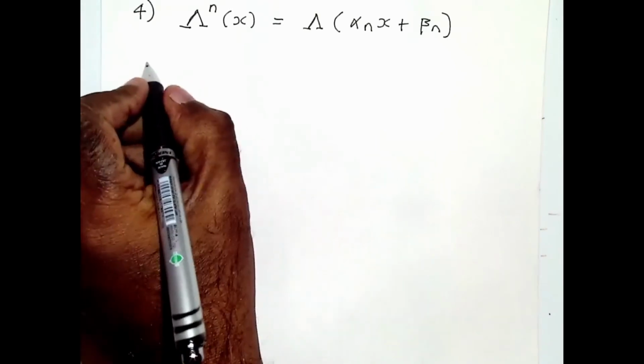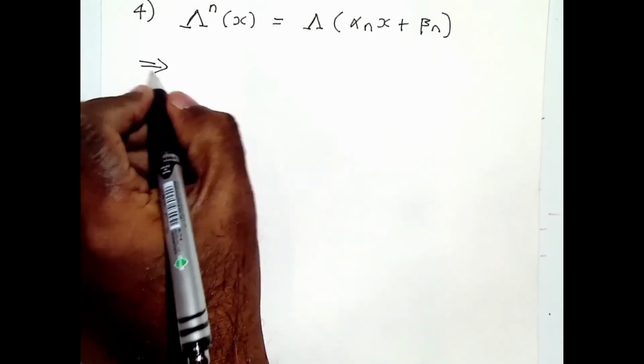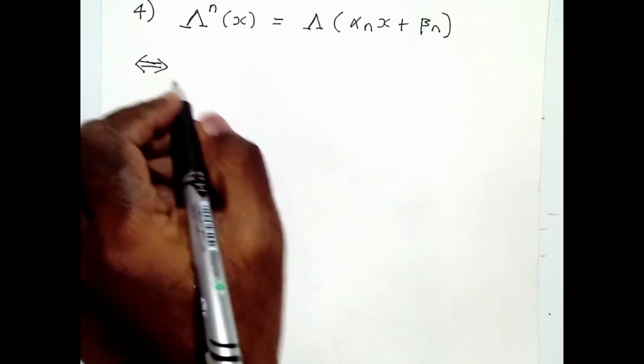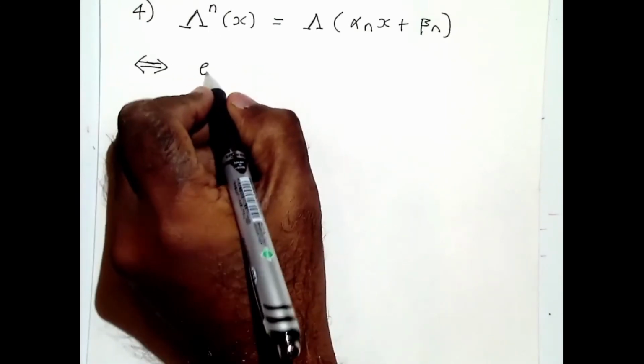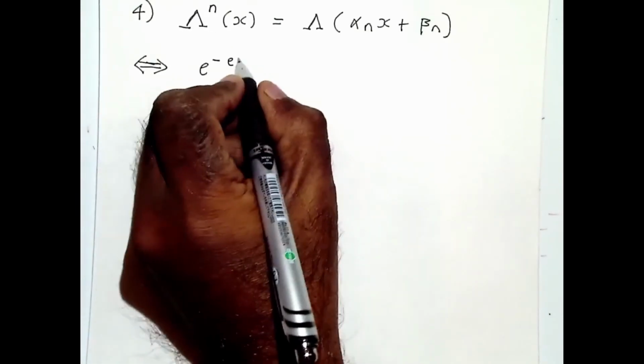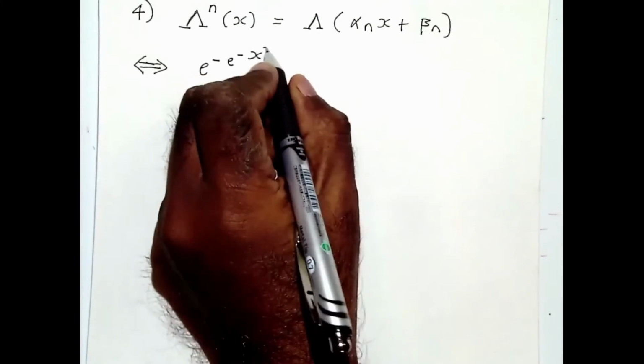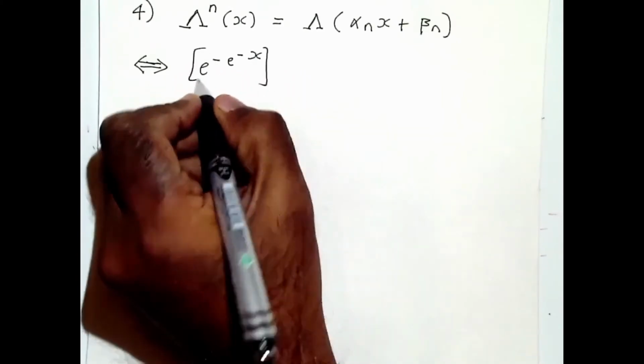So this is equivalent to saying that, let's put in the formula for the Gumbel, which is e to the minus e to the minus x.